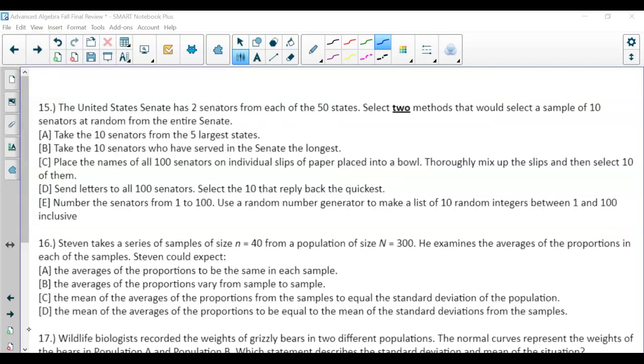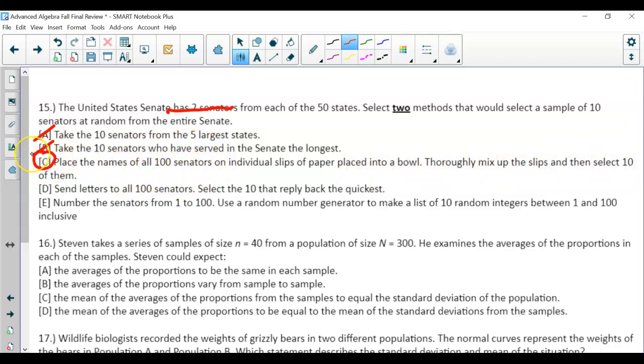So question 15. We're looking to see the two methods that would select the sample at random that would represent the entire Senate. So if you just take 10 senators from the 5 largest states, what happens to the other states? So A is not it. You only take from the people who have served the longest. Well, what about everybody else? Now here we place all 100 senators on individual slips of paper placed into a bowl and then select 10 from those 100.